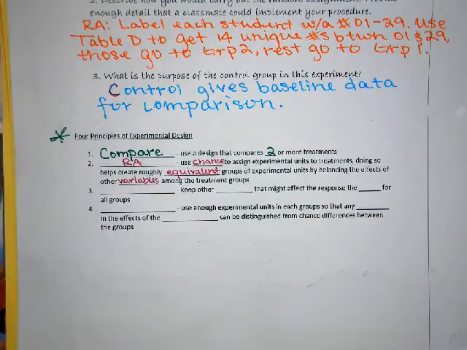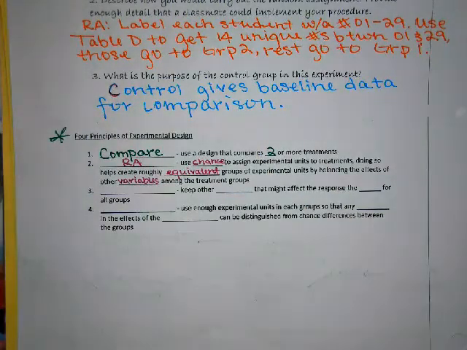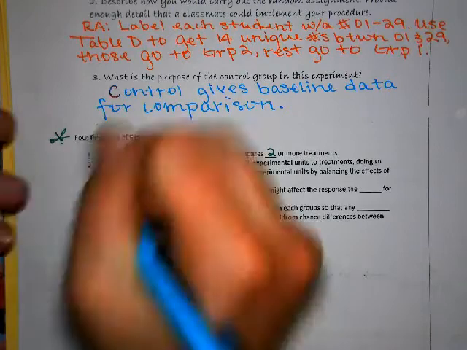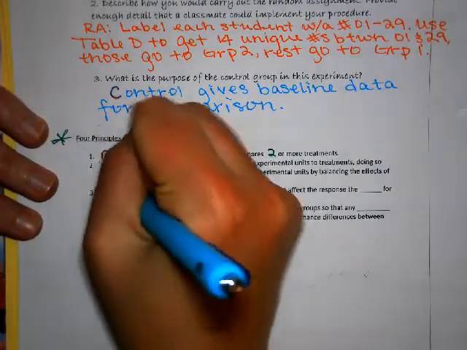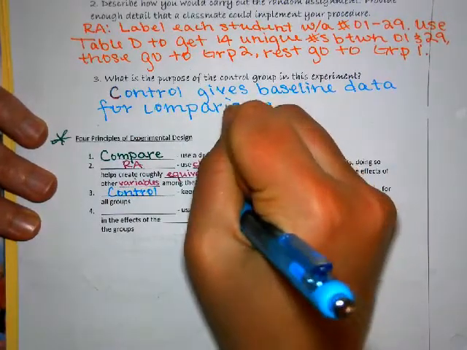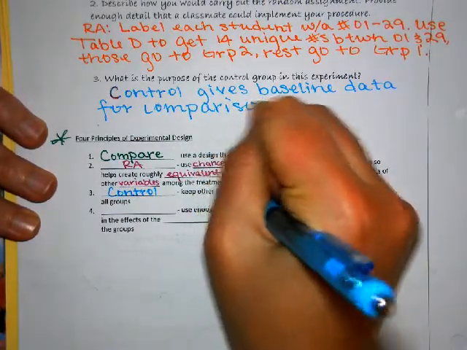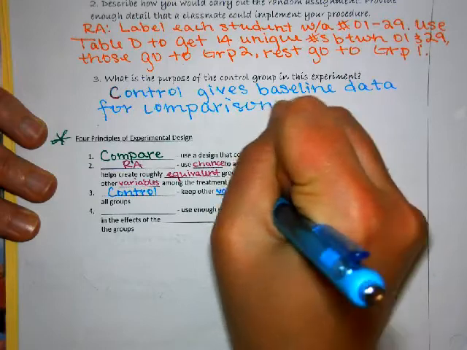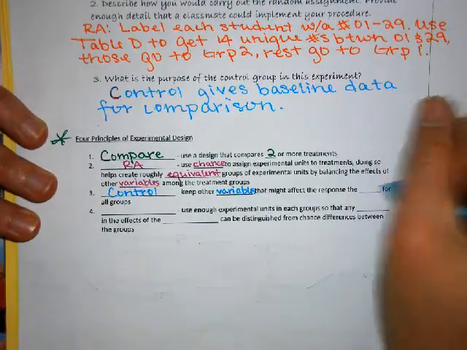Control. Keep other variables that might affect the response the same for all groups.